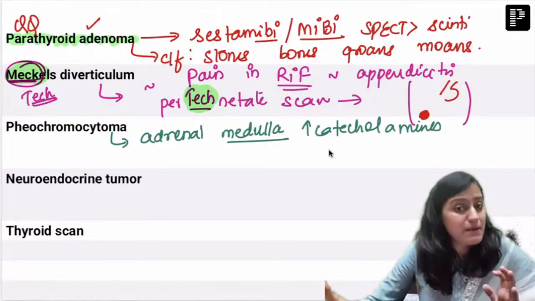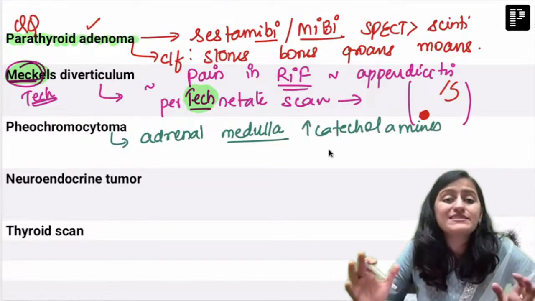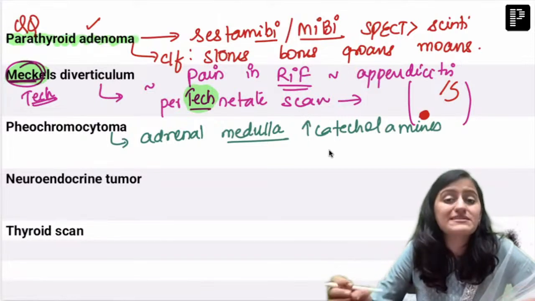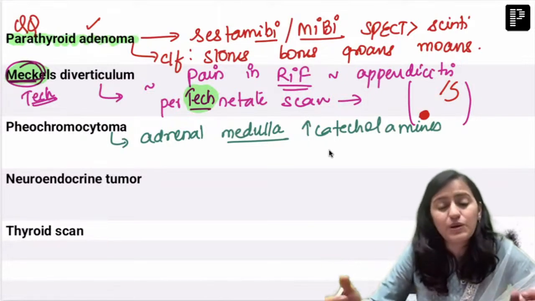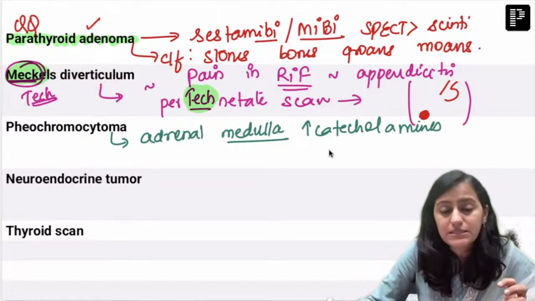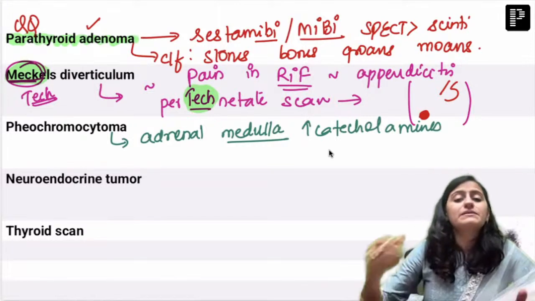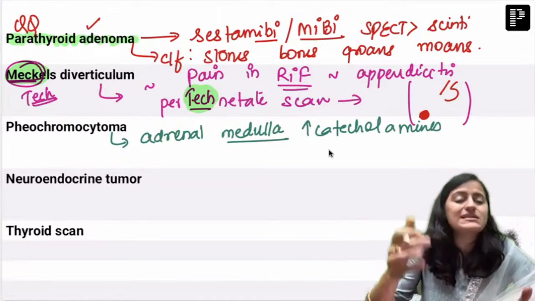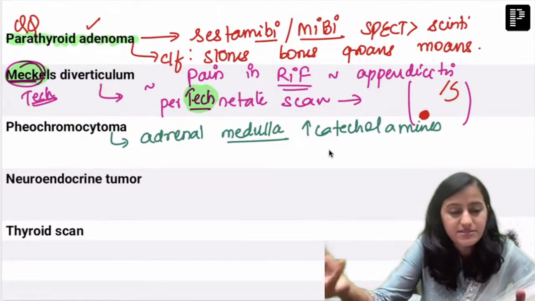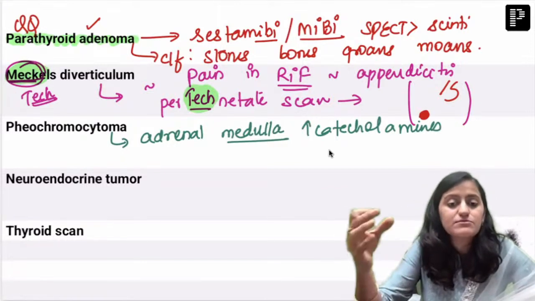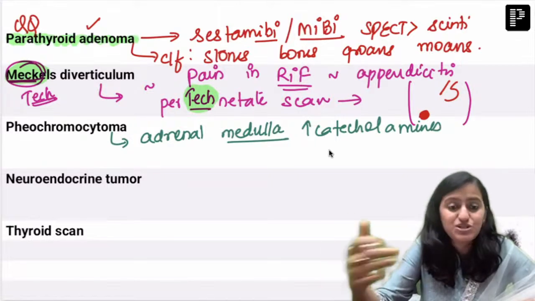See, you do not directly do an MIBG scan. When you suspect pheochromocytoma based on the clinical features of the patient, what are the clinical features? Because of increased catecholamines and sympathetic overactivation, there will be hypertension, palpitations, headache, sweating, diaphoresis. These are the classical symptoms which are given here: episodic hypertension, palpitations.